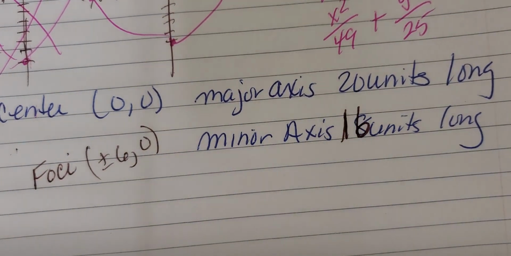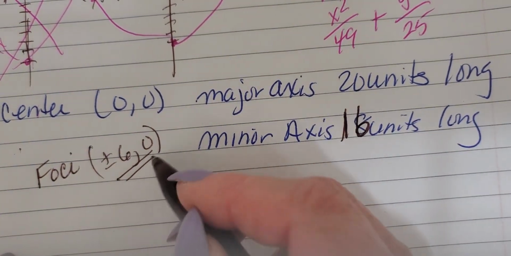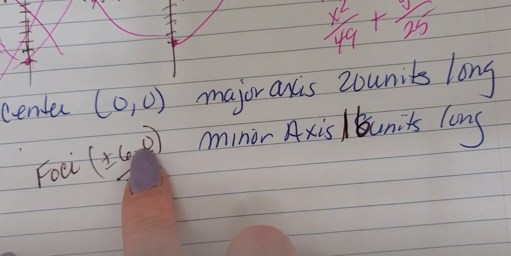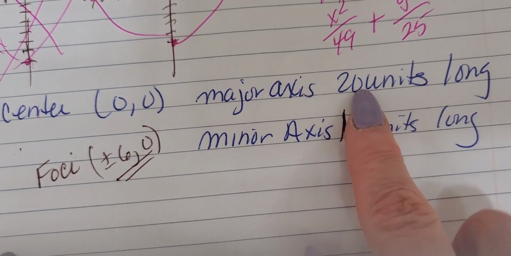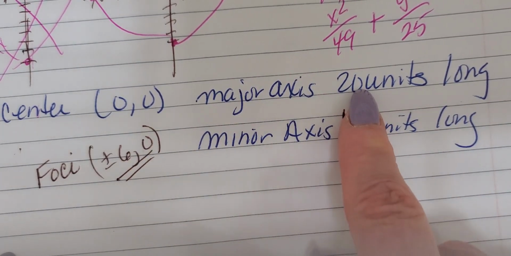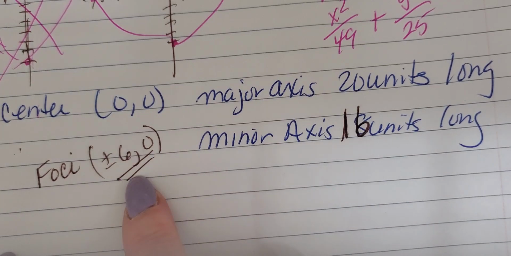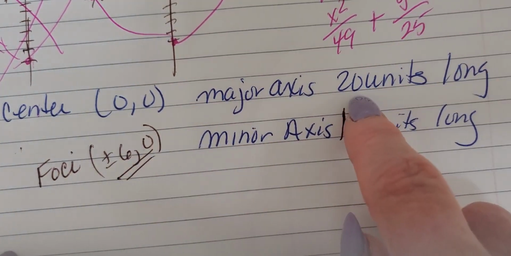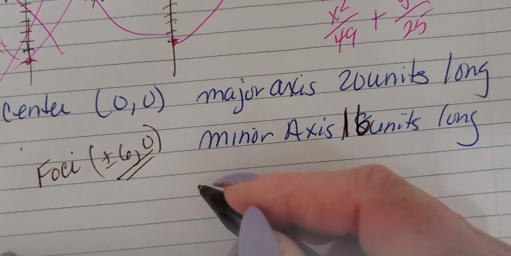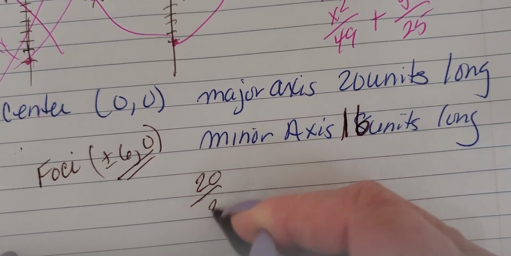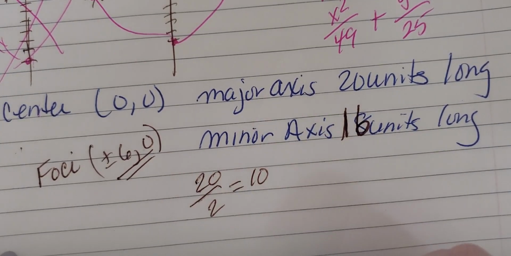All right, so if I tell you the foci points are 6 and 0, then now you know that the major axis is going to be horizontal, because the foci are always inside. Now, you're going to take 20 and divide that by 2 to get 10.